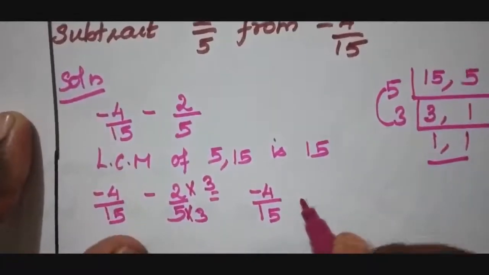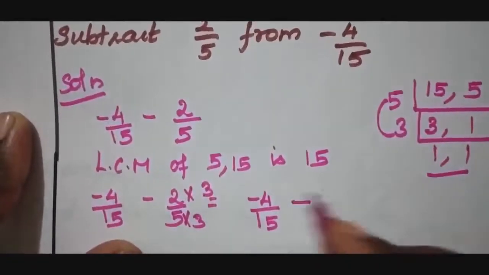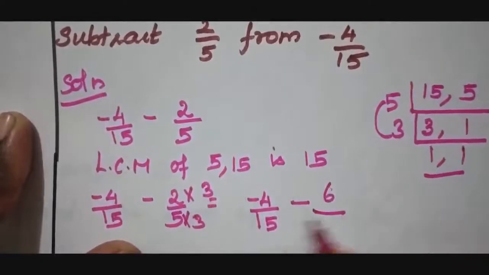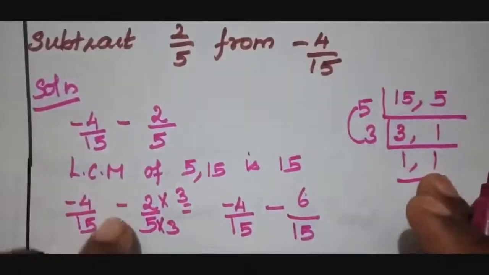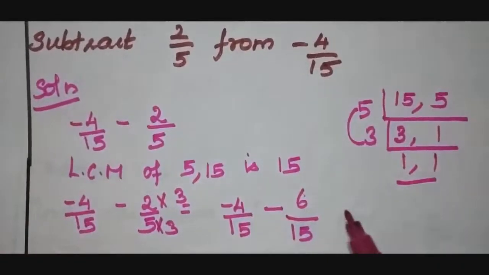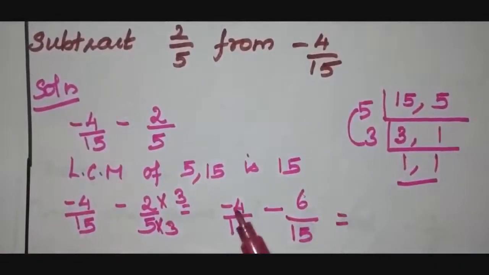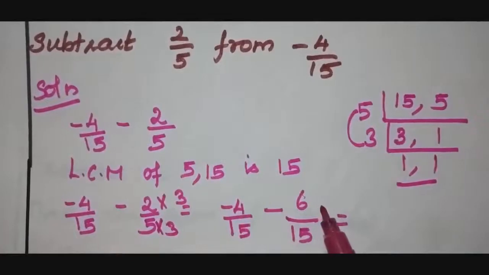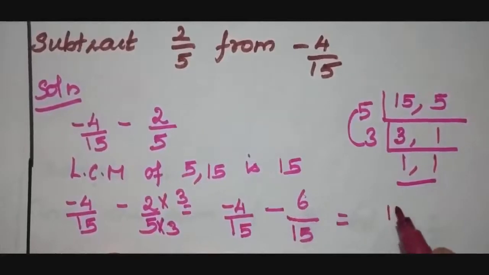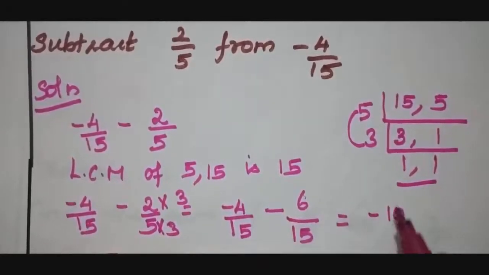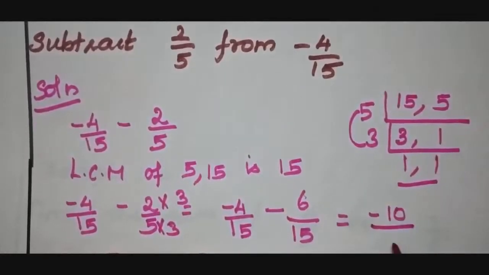So this becomes minus 2 3s are 6 by 5 3s are 15. Now you got the same denominator. When it is in the same sign, you have to add and write the same sign. 4 plus 6 is 10 and you write the sign negative.